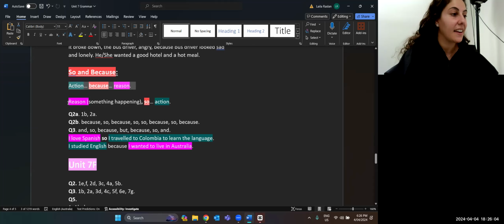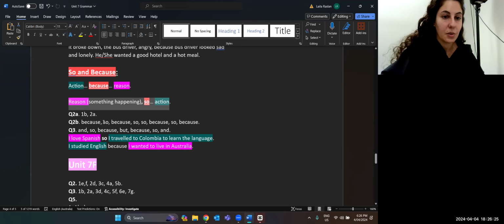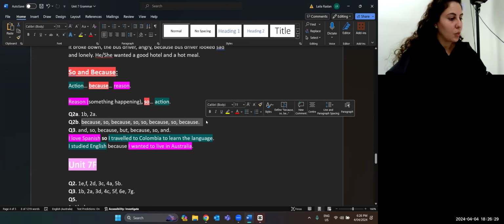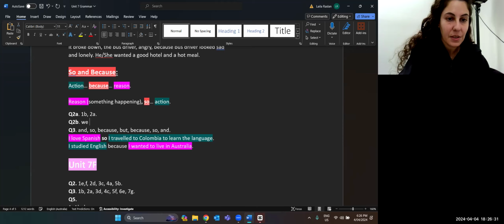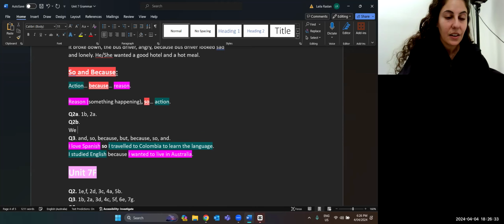But if I say I wanted a good hotel and a hot meal, so I left the bus and walked to Kodari, that's telling you the reason. And then so, you can always see there's a comma, so, and then the action. So if we look at a few more sentences, you'll see. So we called a taxi. So we're going to do these sentences together.